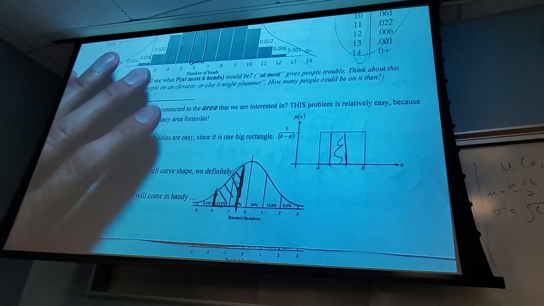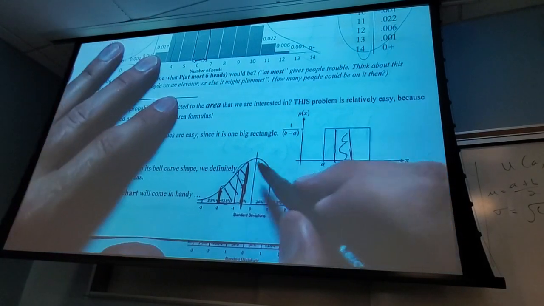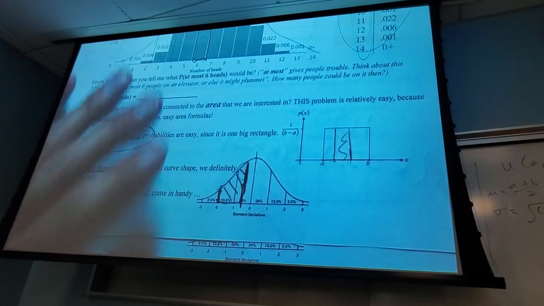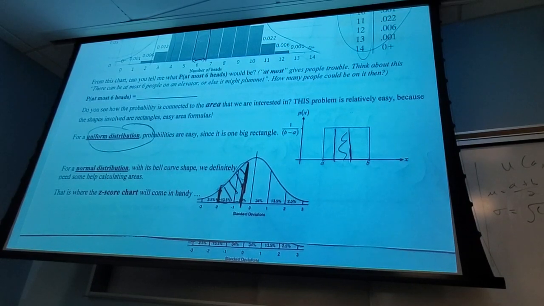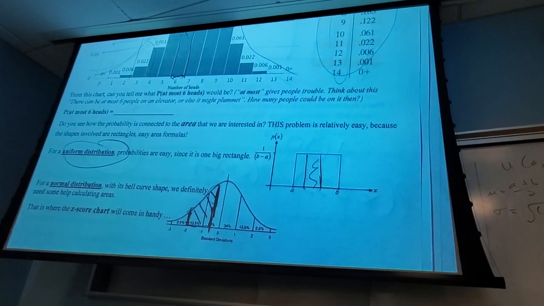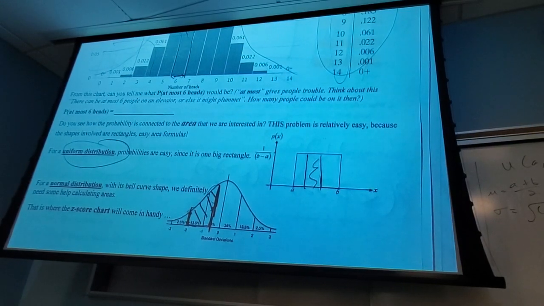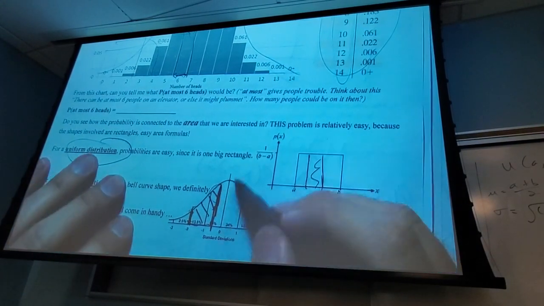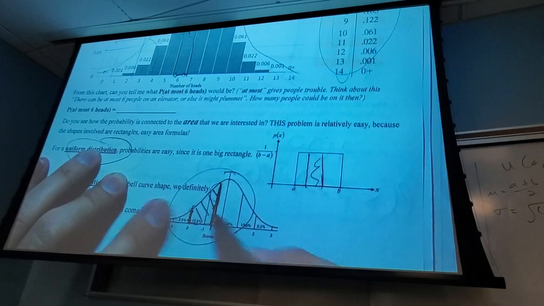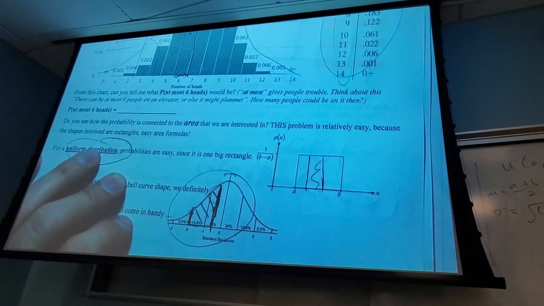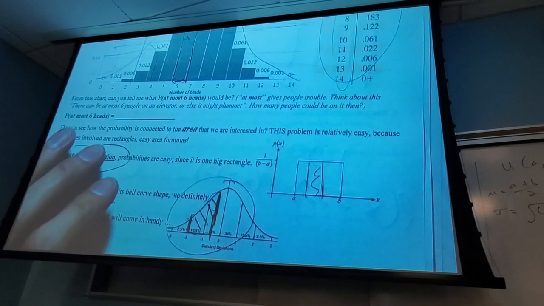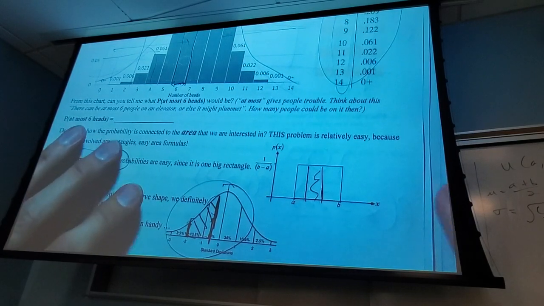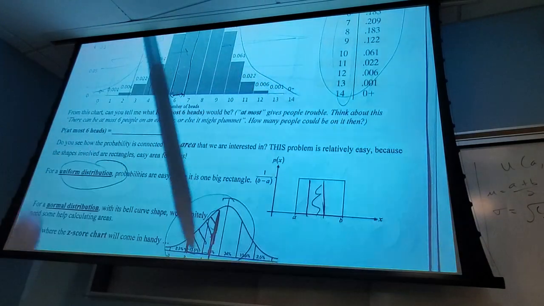You can approximate it with a trapezoid, but that's not good enough. If it's a uniform distribution, I don't need any help. I can just get the area of a rectangle, correct? Do you all agree we need help when the shape is curved on one side? I don't have geometrical formulas for that. I need some help. Do you guys agree? Okay, good, because I'm going to give it to you.